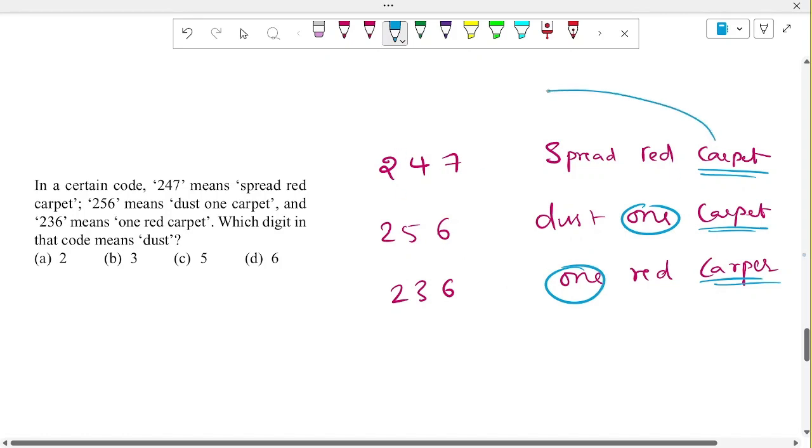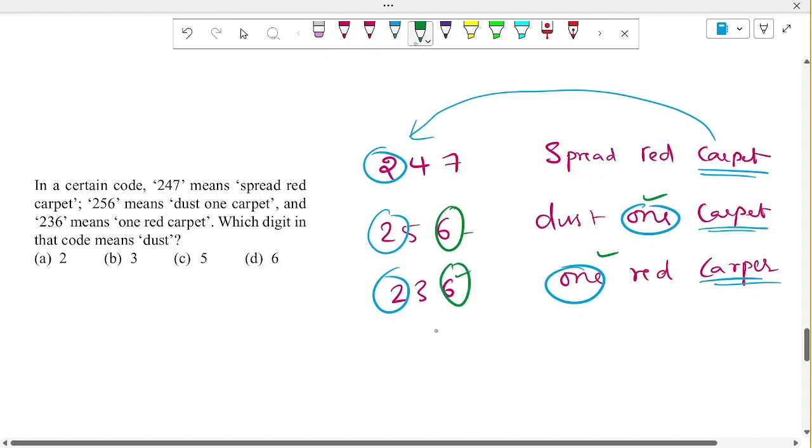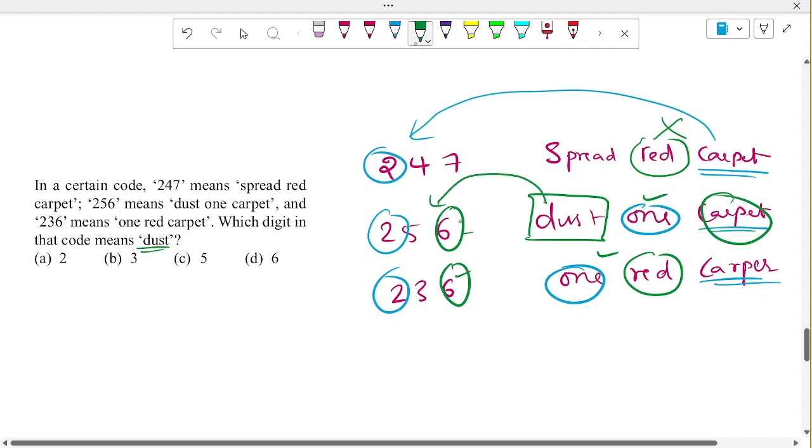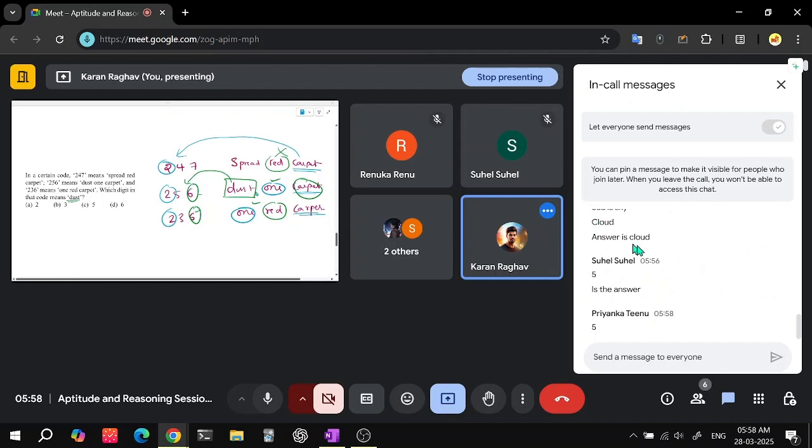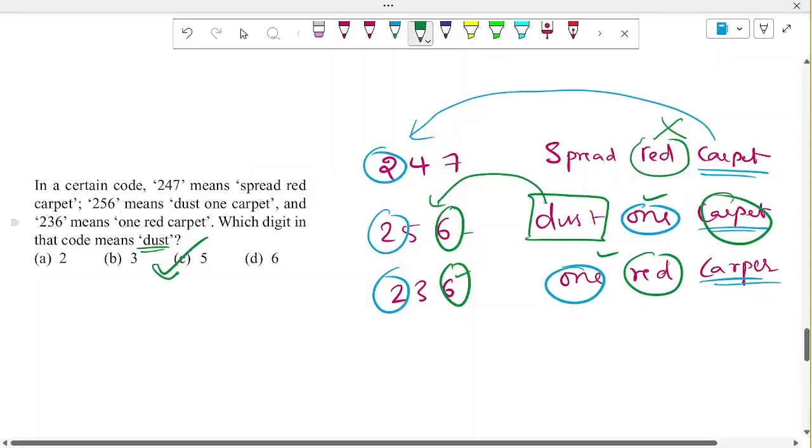So by this we are able to know that carpet is 2, okay, 2 and 2, and this one is, you can see here I have got 1, here I have got 1. What is the common letter in this both? So 6 and 6. So what is the remaining one here? Dust. This may be bit confusing. If you look at this, we have got red here and red here, but don't worry about this one. They have asked us about the dust, and so from the dust, answer is what? Answer is 5, right? So answer is 5. Fine.